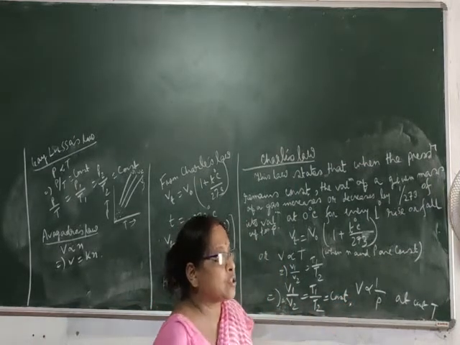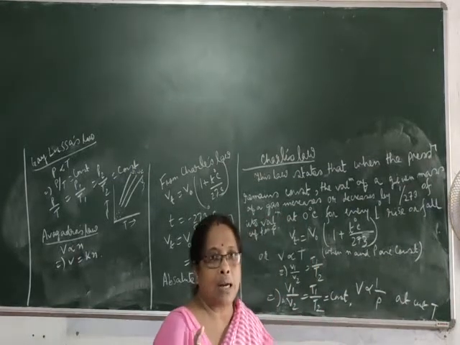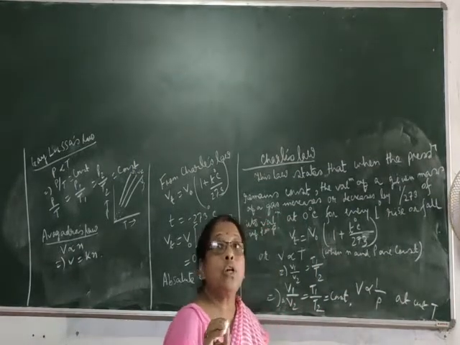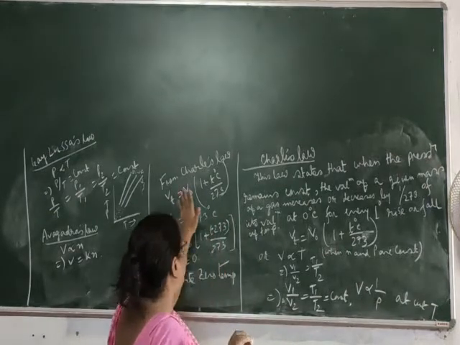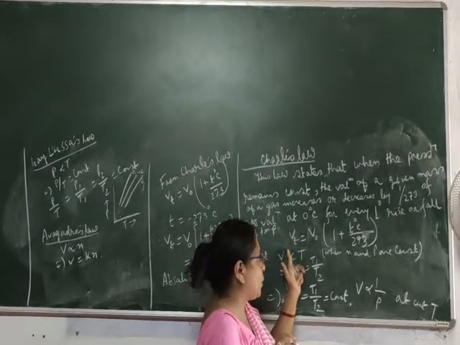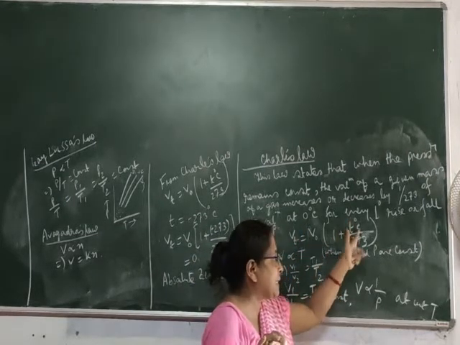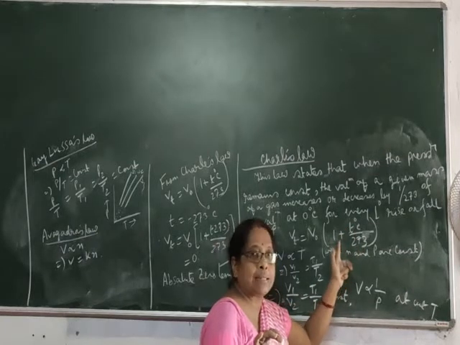Now from Charles' law, we can also define one important term, the absolute zero temperature. From Charles' law, we can write Vt is equal to V naught into (1 plus t degree centigrade divided by 273).